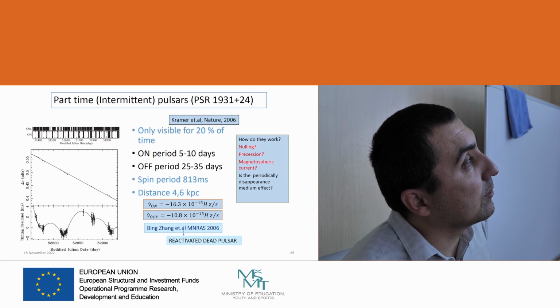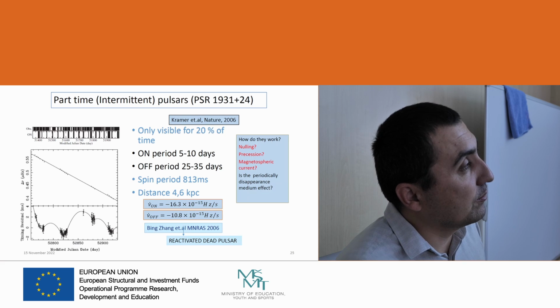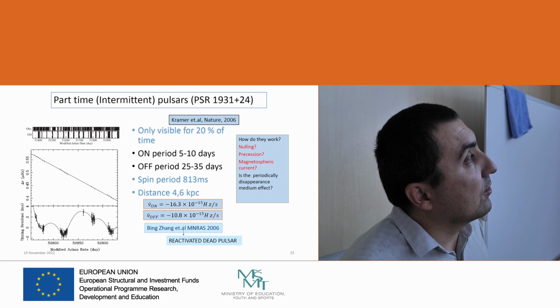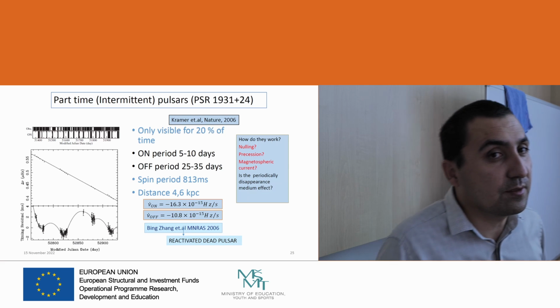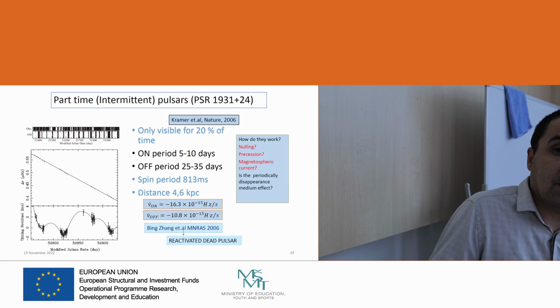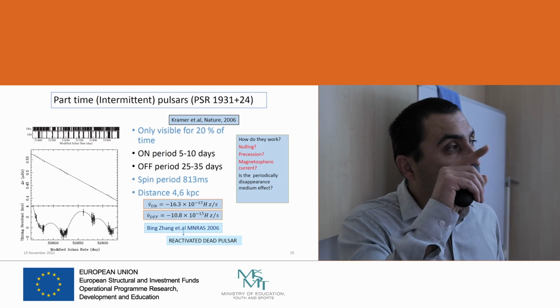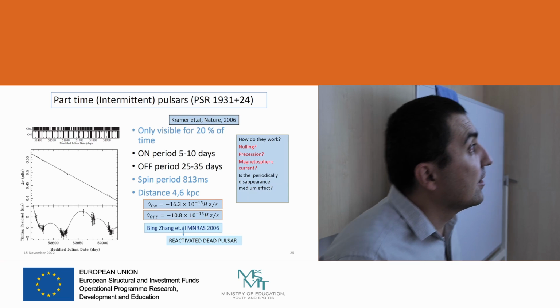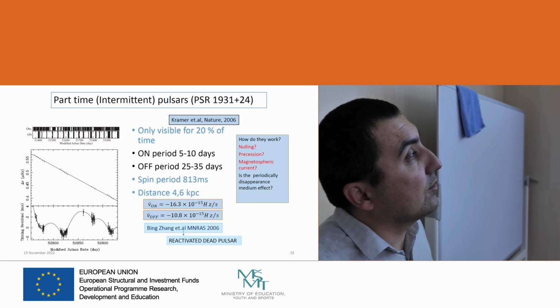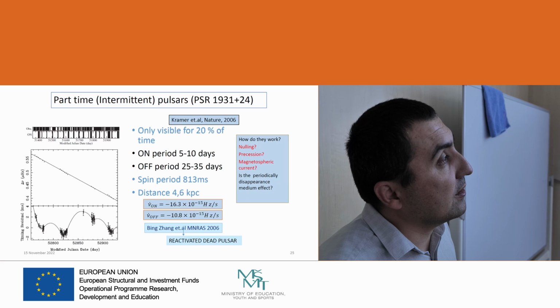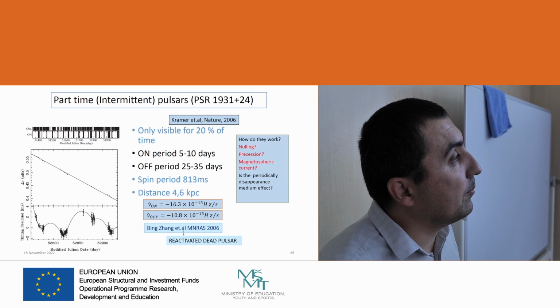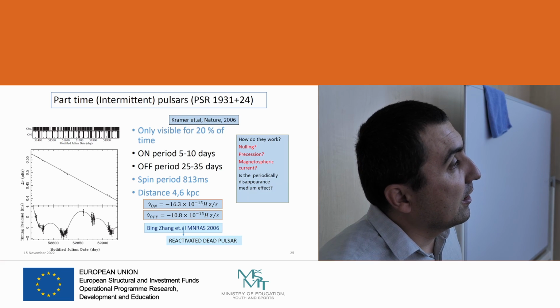It was observable in 20% of the observation time, and the on period lasts 5-10 days, and then the off period. Off period means we cannot observe it in the same coordinate of the sky. The distance of the pulsar was 4.6 kiloparsec from us.